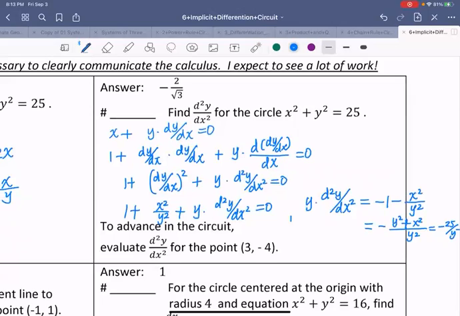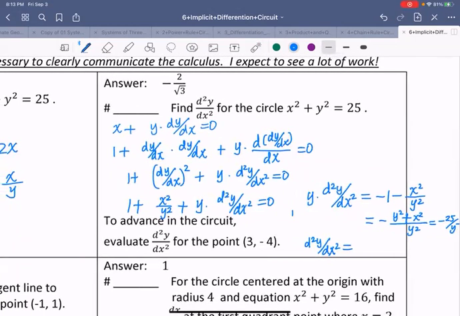Okay. So second derivative equals negative 25 over y squared. They ask you at this point, so you plug in this guy to this. Wait, isn't that 2y cubed? Oh, you're right.